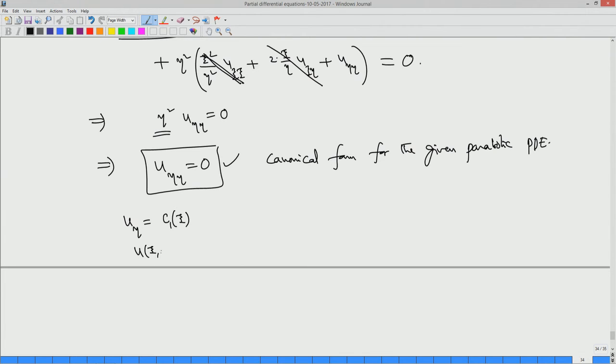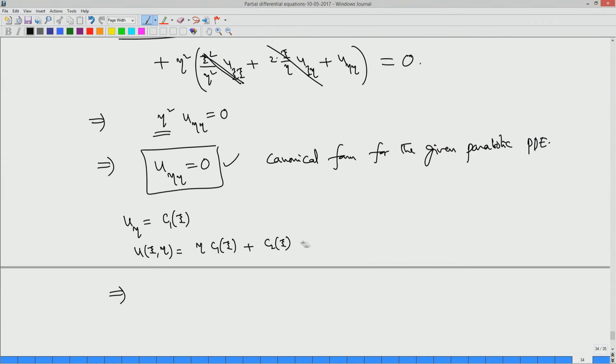You have finally u of xi, eta will be eta C1 of xi plus C2 of xi. Right. Now you differentiate with respect to eta, you get C1 of xi, this will be 0. So you have this. So this is your general solution.